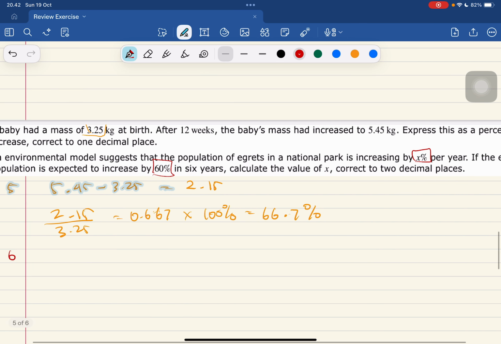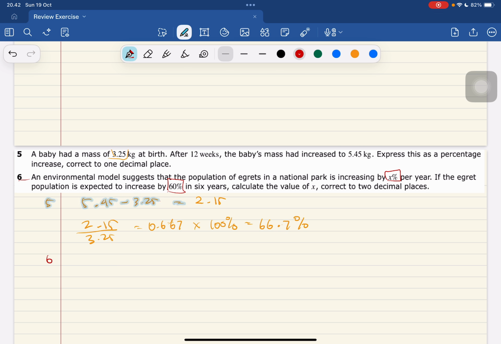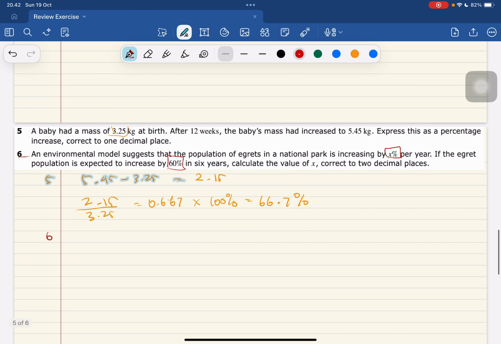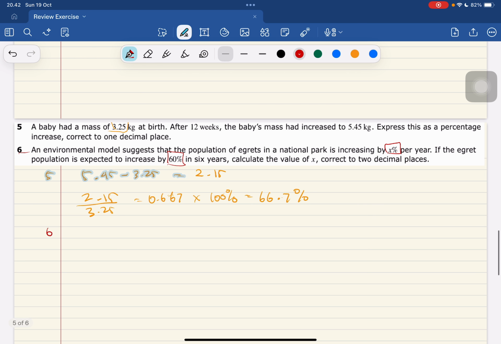If the egret population is expected to increase by 60% in 6 years, calculate the value of X. So if this is 6 years, calculate the value of X.